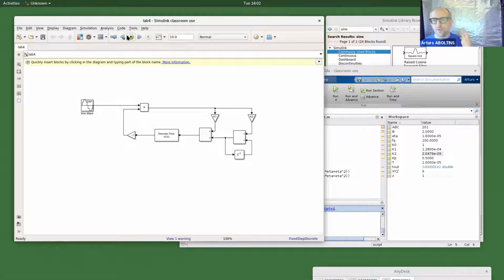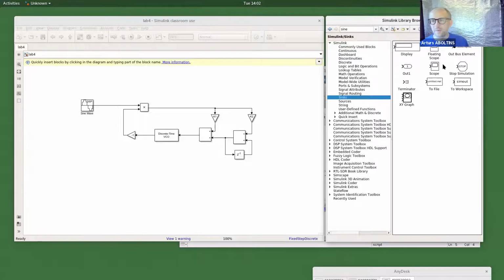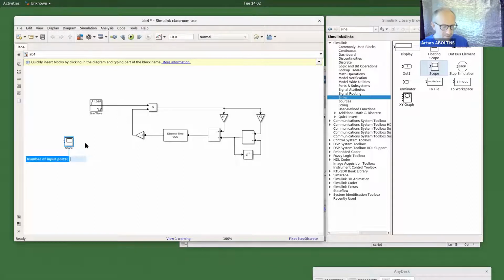What we do now, we connect the scope here. We go to the library, select in sync the scope, put it here. We need 2 input ports indeed, and we also have to flip it, because our signal goes from right to left.